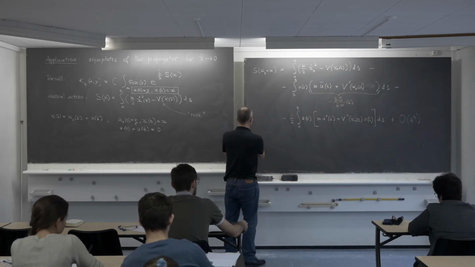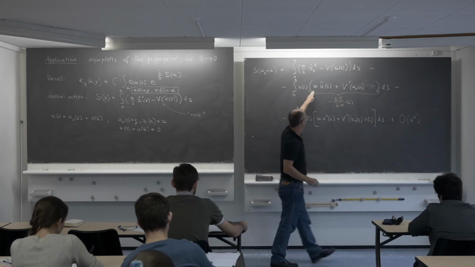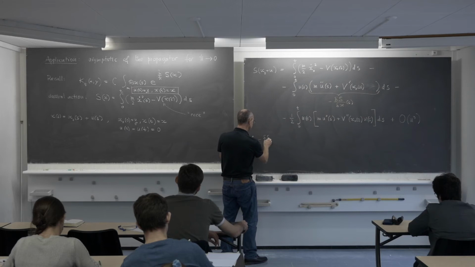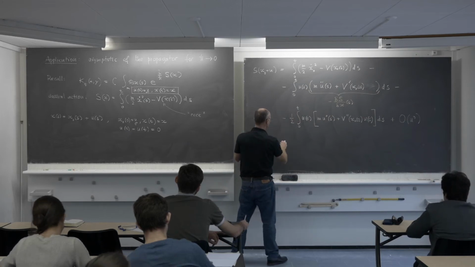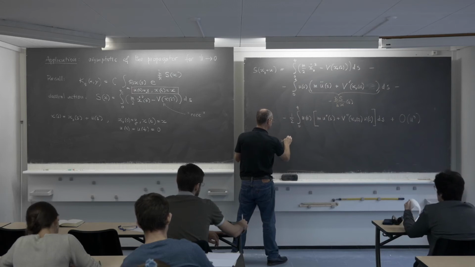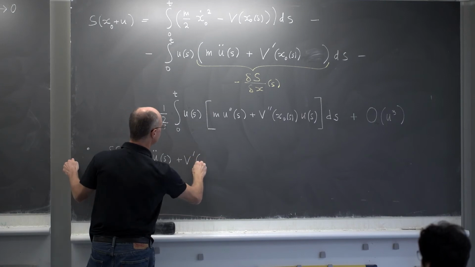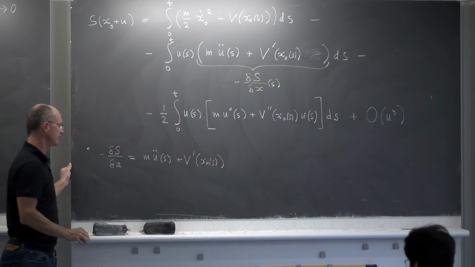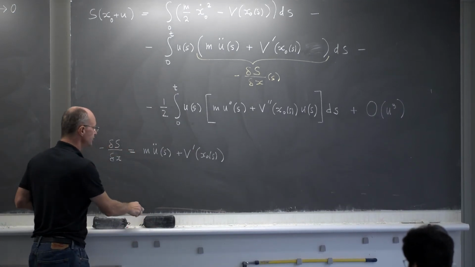So first of all, a little bit about terminology. So here this minus ds over dx, this coefficient in front of the linear term, m u double dot of s plus v prime of x naught of s. So the terminology is as follows.